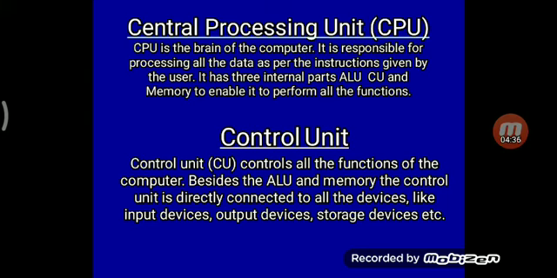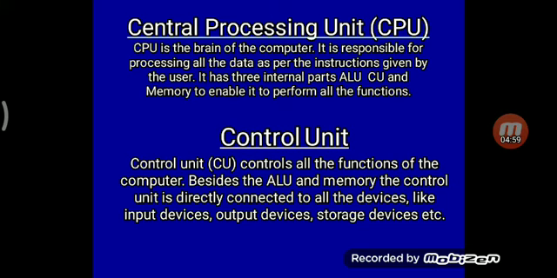All the operations are performed in the CPU. So CPU is the brain of the computer and is responsible for all operations.